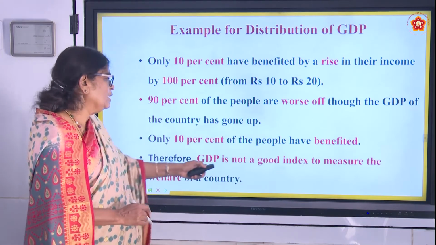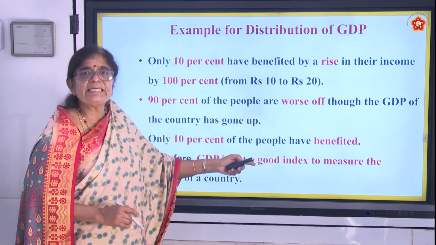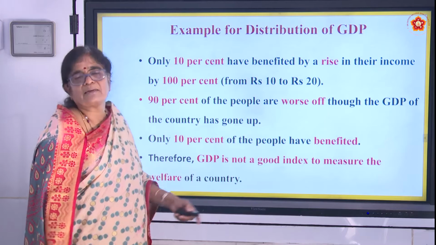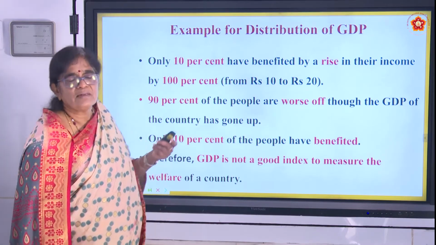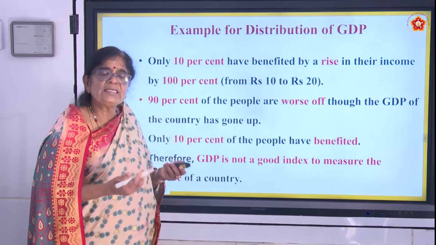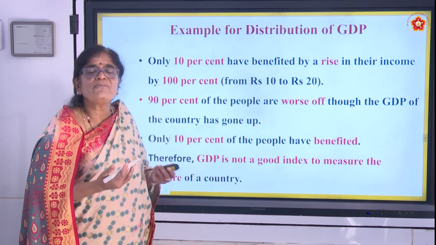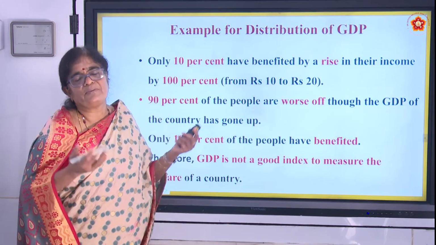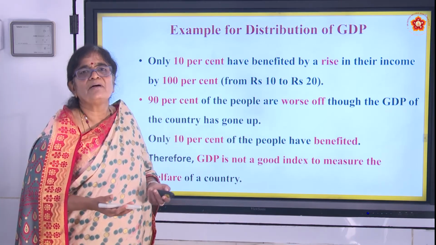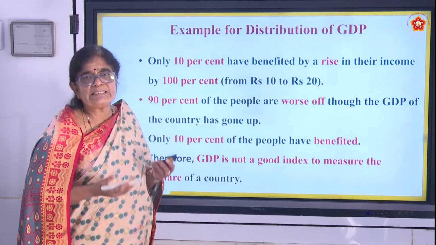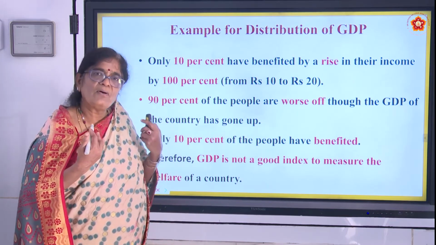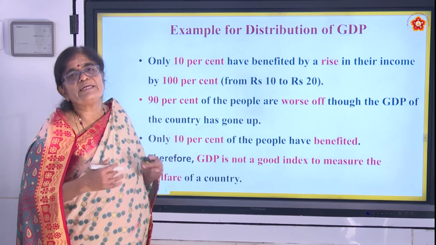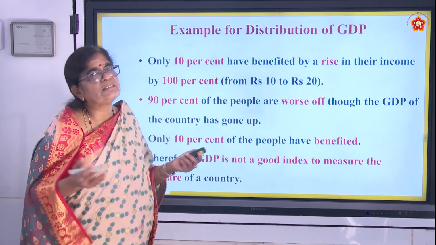Therefore, GDP is not a good index or a good indicator to measure the welfare of a country. For a country to be called well off, we have to say that all the people are better off. All the people must have increased income, and increased facilities: housing, sanitation, good drinking water, education, healthcare facilities.